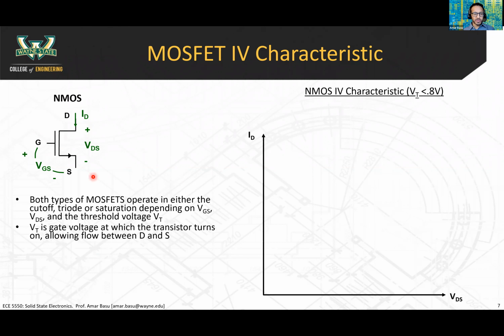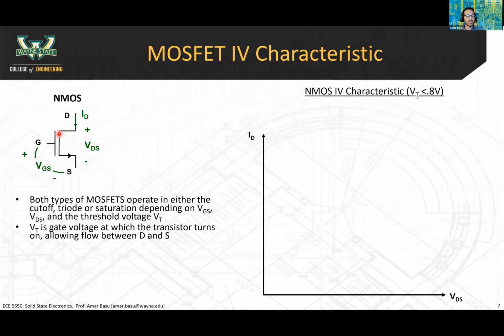So let me just read these points here. Both types of MOSFETs operate in something called the cutoff, triode, or saturation region. I'll get into that in a second. It depends on the gate to source voltage, the drain to source voltage, and the threshold voltage. The threshold voltage is the gate voltage at which the transistor turns on, allowing current to flow between the drain and the source.